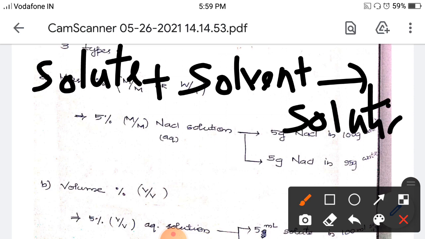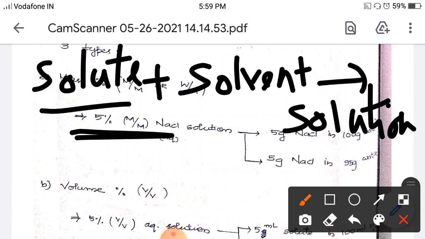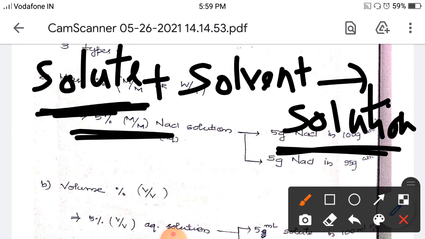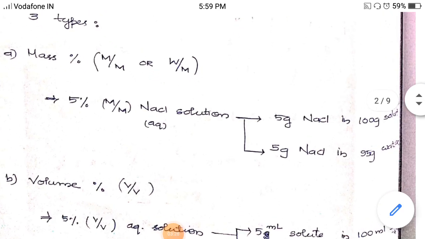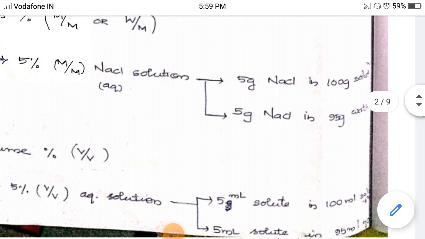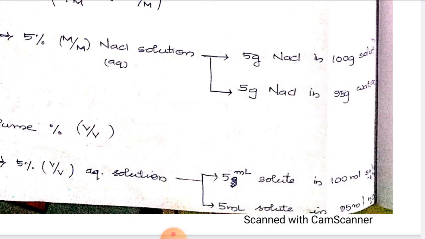Here NaCl is the solute, and the solution consists of both the solute and the solvent. So a 5% NaCl solution means 5 gram NaCl in 100 gram solution.